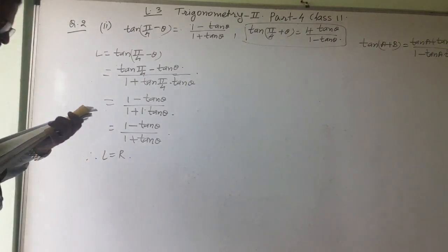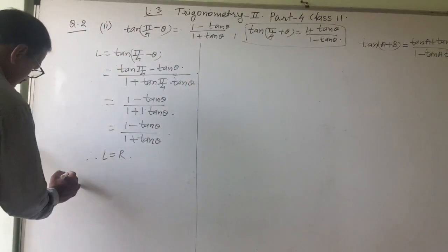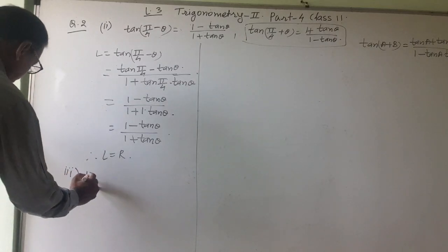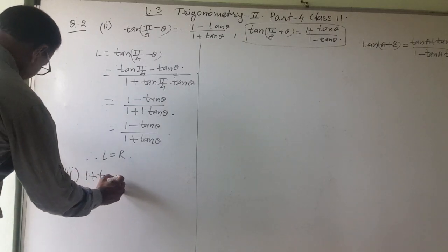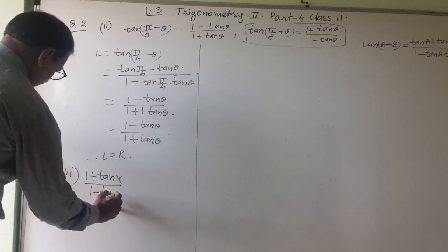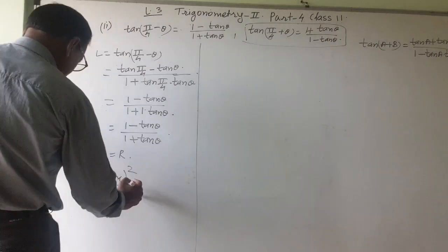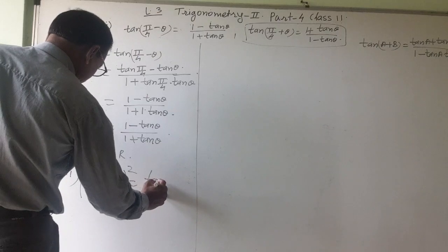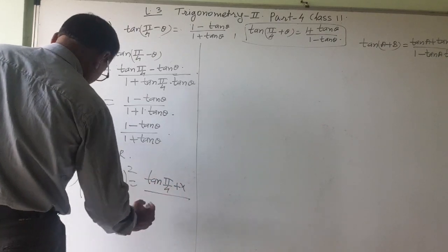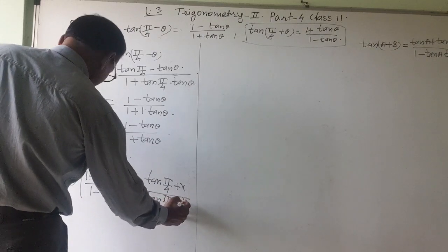Now the third sum I am solving. Third sum, 1 plus tan of x upon 1 minus tan of x, bracket square, is equal to tan of pi by 4 plus x upon tan of pi by 4 minus x.